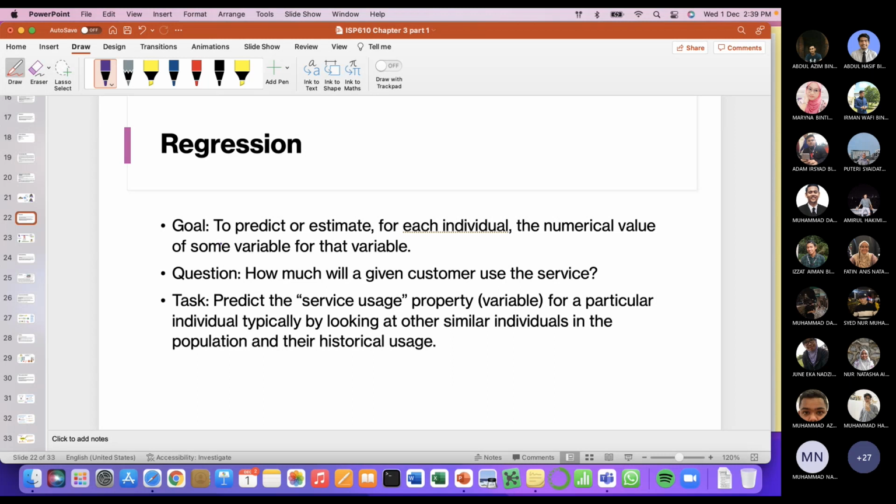Sekejap before kita tengok kat situ. The task will be predict the service usage. Okay, so kita nak tahu how much customer use the service. So we will predict the service usage for a particular individual, typically by looking at similar individuals in the population and their historical usage.